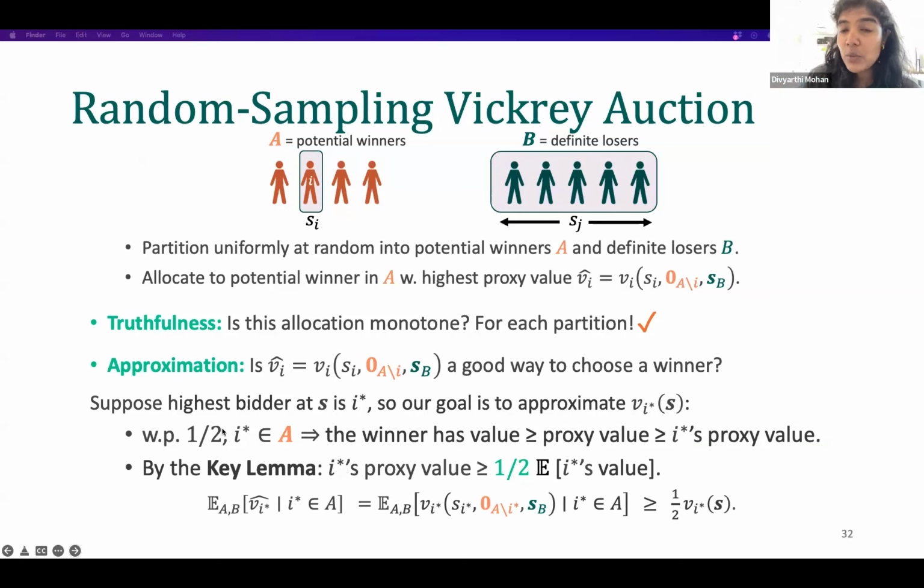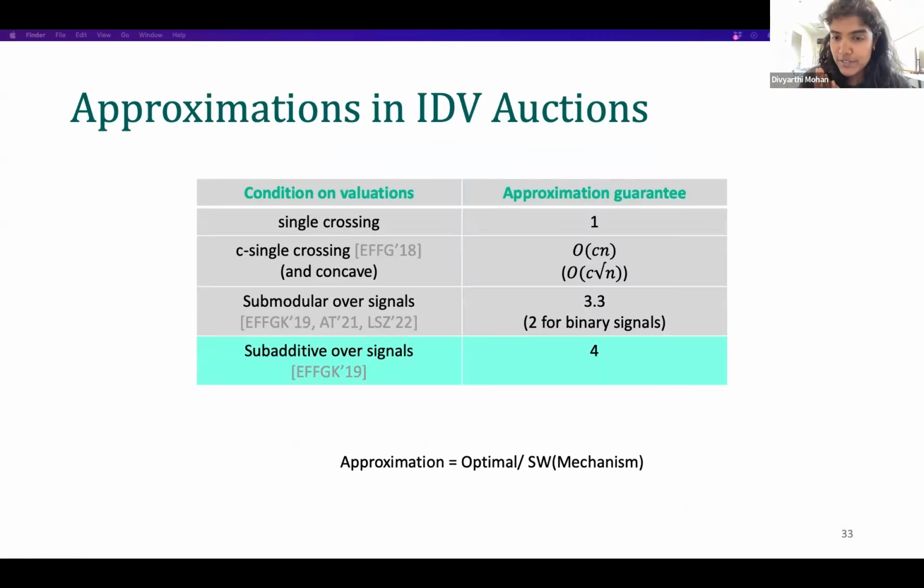And this happens with another probability half. So the winner's value in expectation, given that i star is in A, is going to be half of the value of i star, and the probability that i star is actually in A is another half, and this gives us a 4 approximation. Okay, so the approximation for this random sample Vickrey auction is 4 when we have subadditivity over signals.